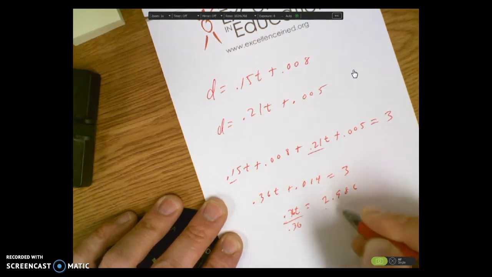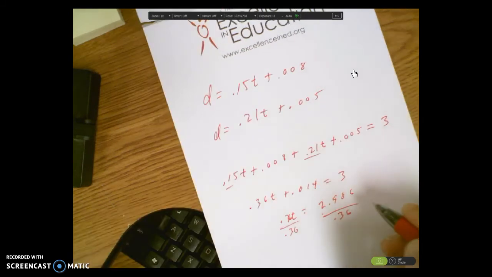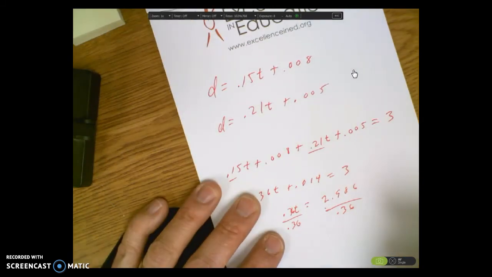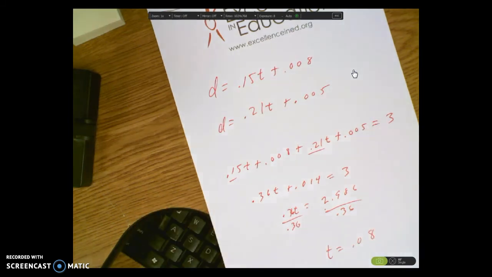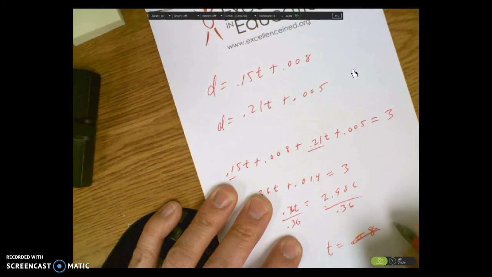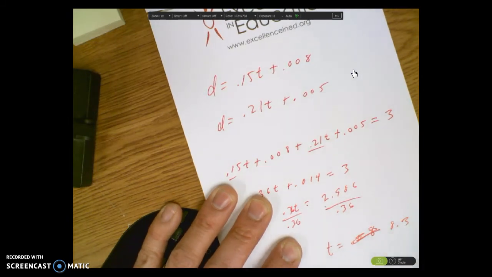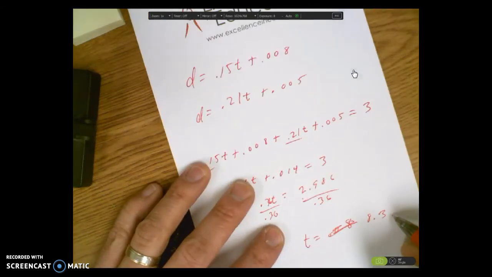There we go. And so what that's telling us is the time is going to be about 8 seconds before, oh, wait, that's not right. Let me do that again. Yeah, there we go. It's going to be about 8, we'll call it 8.3 seconds.